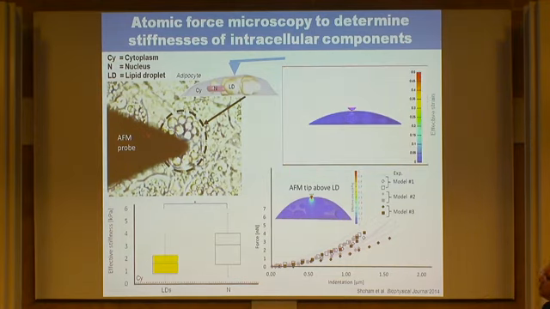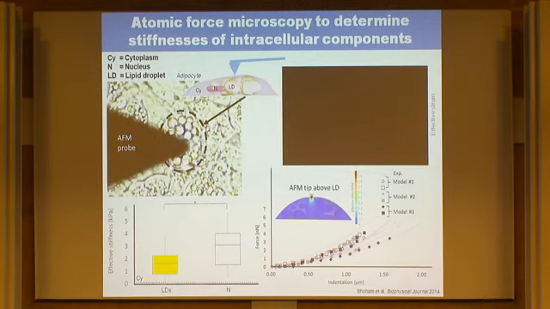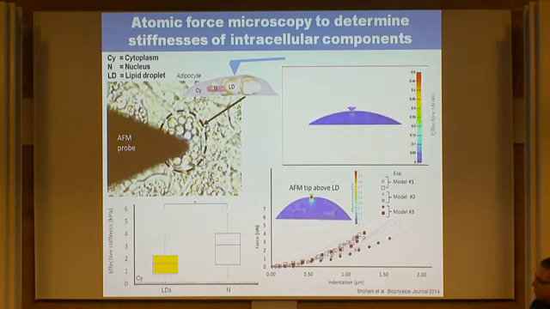So we have used atomic force microscopy, and we looked at individual cells, and we put a probe of the microscope just above the nucleus, or just above a lipid droplet, or just above nothing, and tried to measure the differences. And we also simulated the experiments by means of finite element modeling to make sure that everything makes sense.